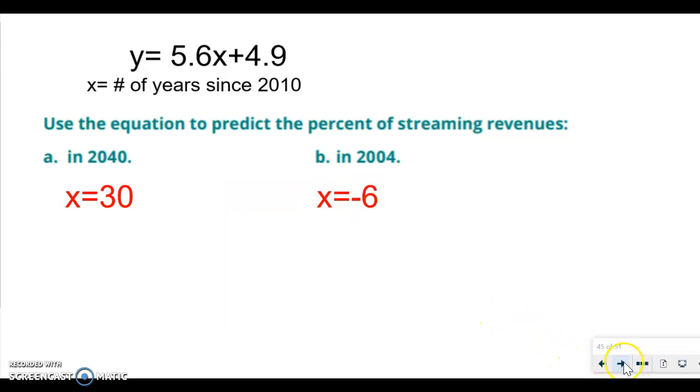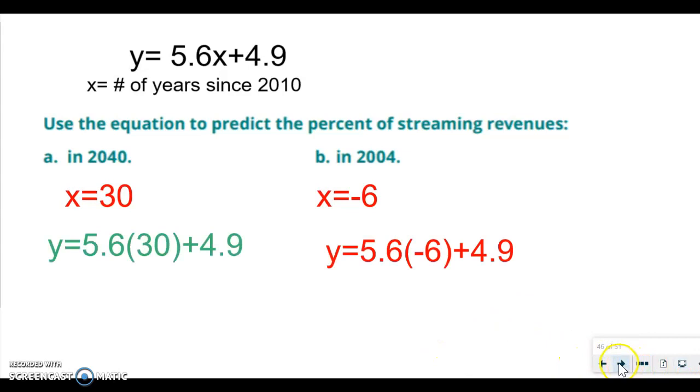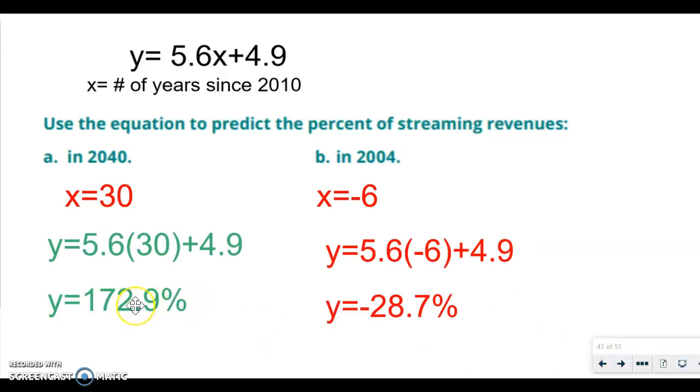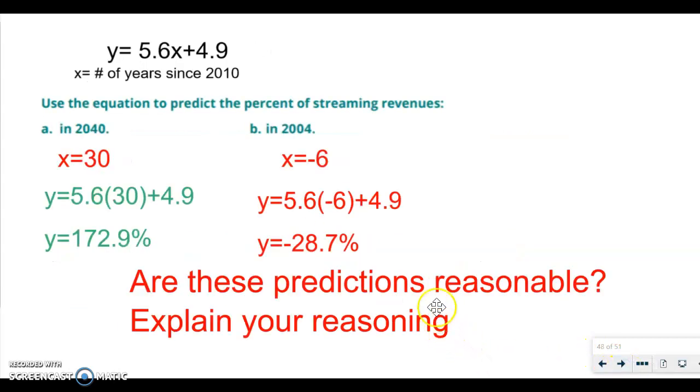If I plug these values into the equation, I get 172.9% for 2040, and for 2004, I get -28.7. So does this make sense? Using the prediction, are they reasonable? Can we use this line for 2040 and 2004?